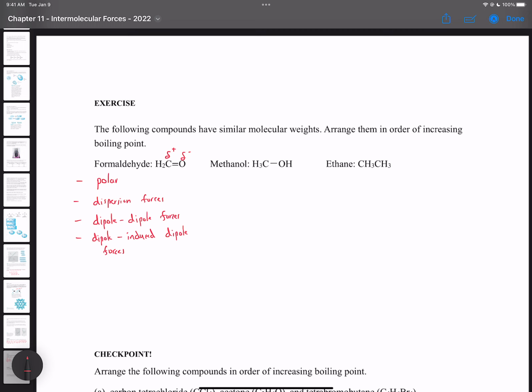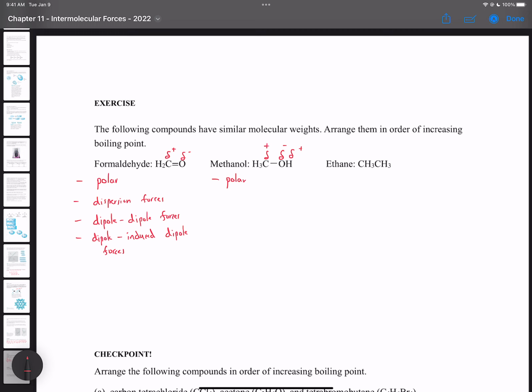All right. Methanol. Methanol is definitely polar, right? It has a partial positive on the hydrogen here, and also a polar oxygen, and this bond here is also partially positive as well.